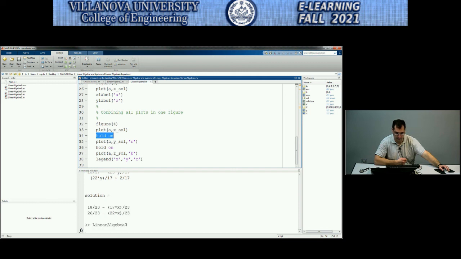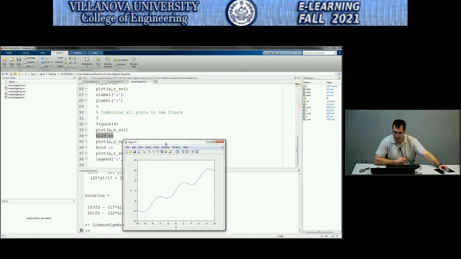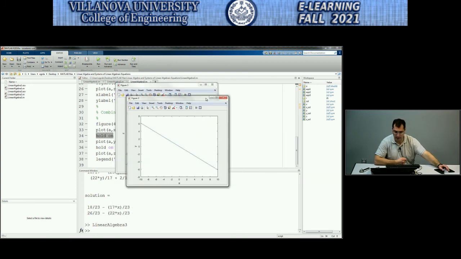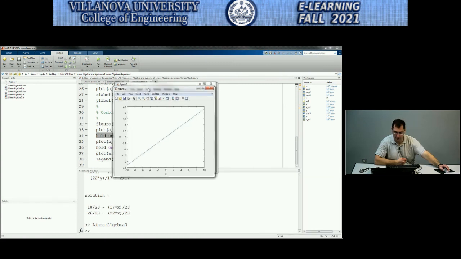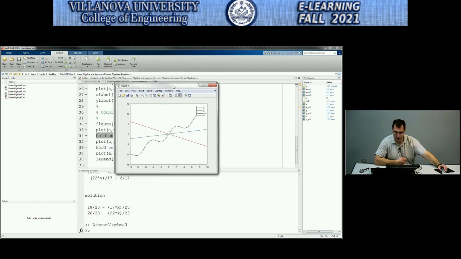If you run this, this is going to be a versus z. This is going to be a versus y. This is going to be a versus x. And this is going to be all of them together in one figure. And I put the legend so that you know the distinction between the lines.